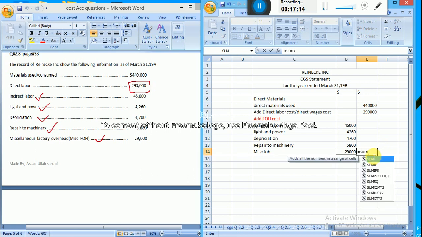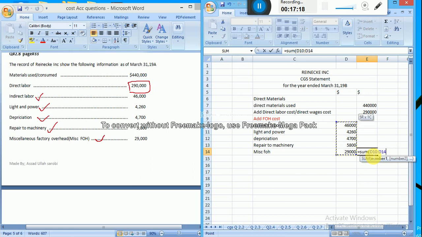So sum, enter. So factory overhead cost is how much? That is 89,760.